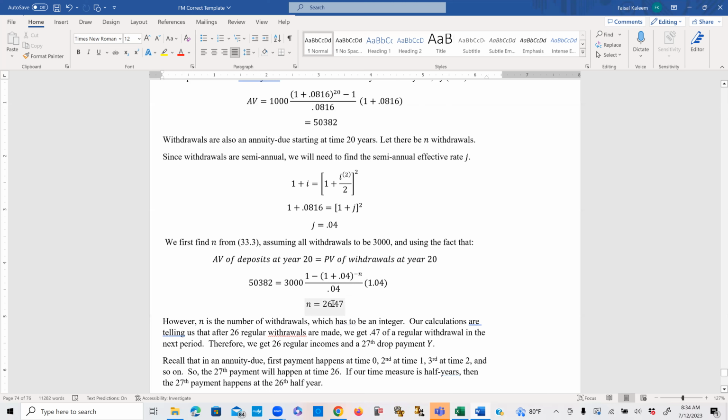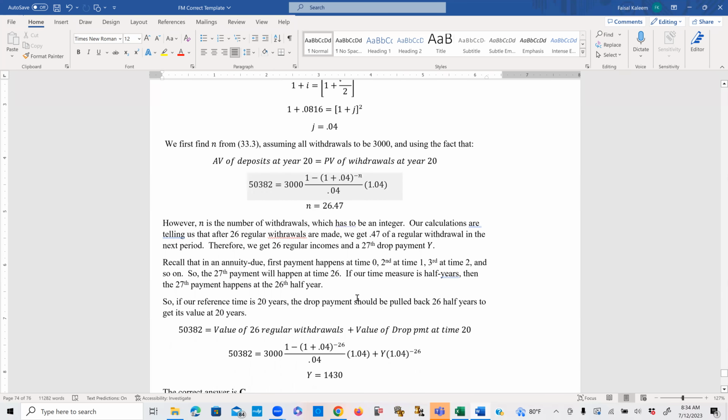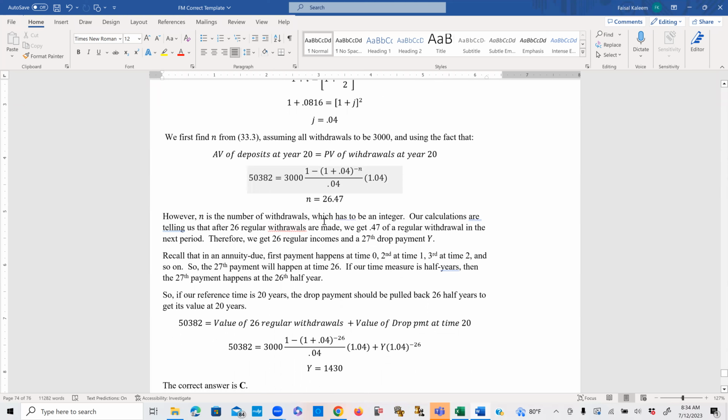This shows that there are 26 regular withdrawals, and then the 27th withdrawal will be a drop payment. Now, recall that this is an annuity due. So the first payment happens at time 0, the second at time 1, the third at time 2, and so on. Every payment happens at one time less than the payment number we are talking about.